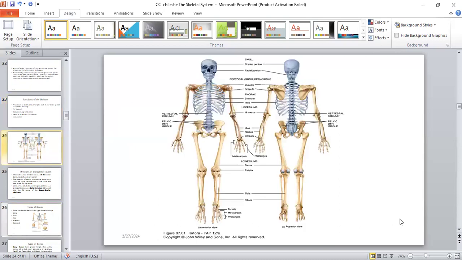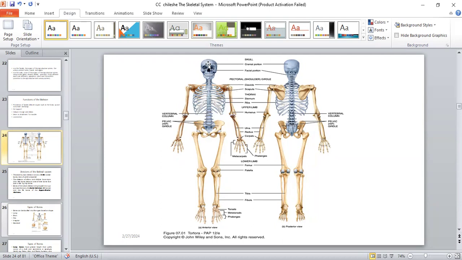Okay. So that is a picture of the skeleton, and it is telling us that the skeleton has two major divisions. The first major division is shown by the part that is in blue, and this is known as the axial skeleton. The axial skeleton protects the organs that are essential for life.